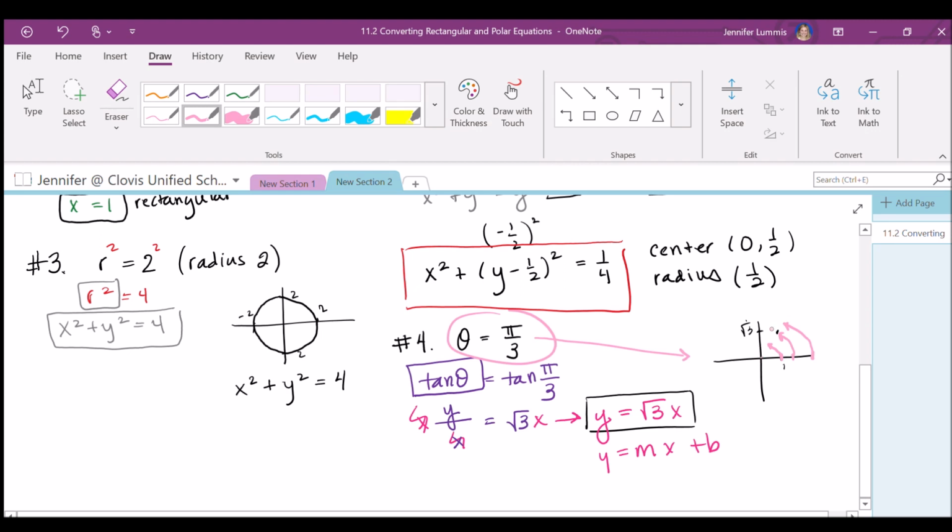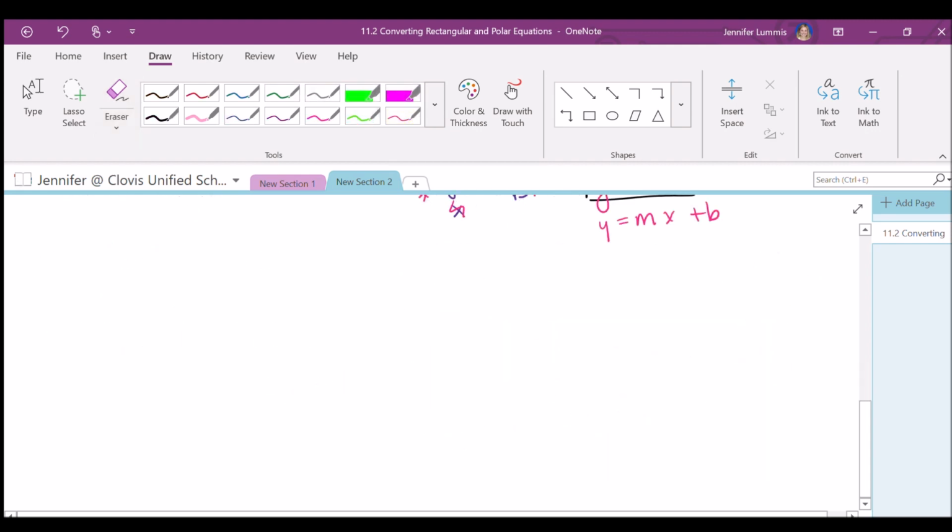And so you would create this line here, as well as any negative radius would also create this ray on the other side. And so here is our line with a slope of root 3. The only thing we might not want to have in here are these little lines. So it's our picture.